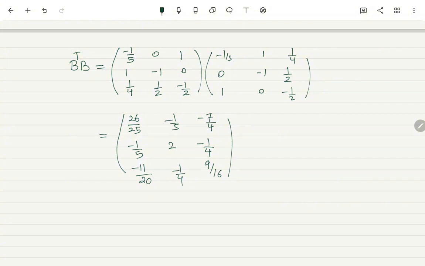As we can see here, B transpose B does not equal the unit matrix. Therefore, B is not an orthogonal matrix.